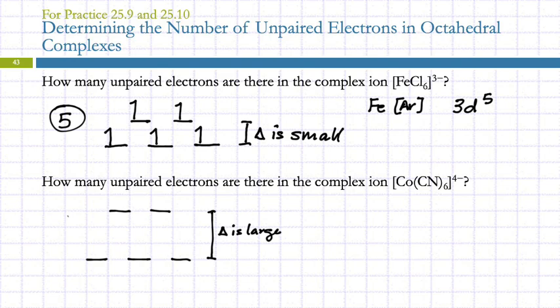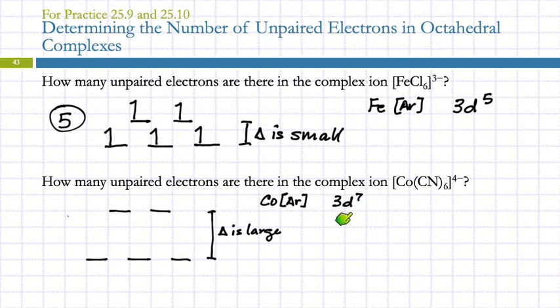So let's look at the electron configuration for cobalt. Again, it's argon, and it's just got 1 more electron than iron. Positive 2 charge, lose 2 electrons. We're going to lose the 4s electrons.